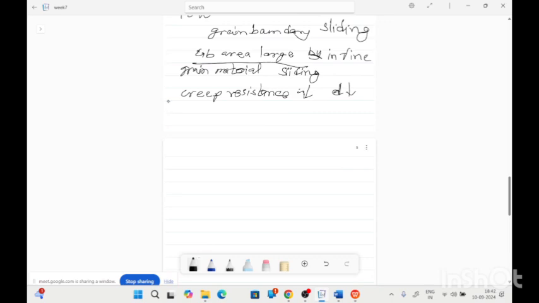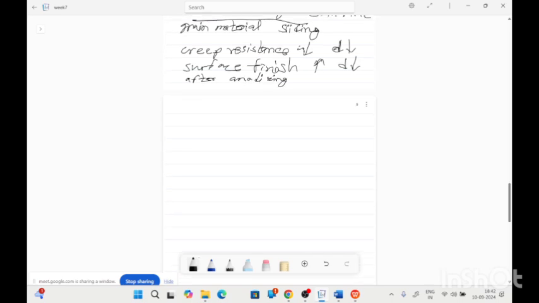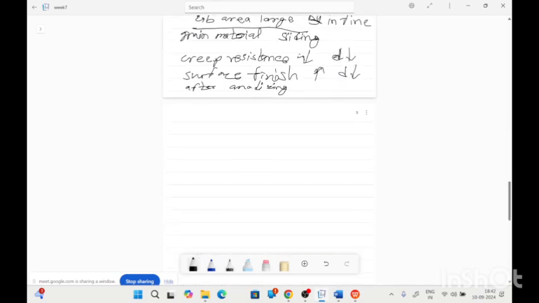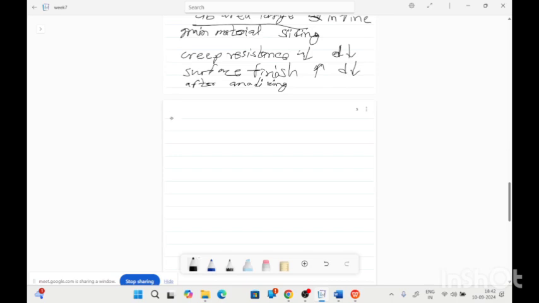The grain refinement also improves the surface finish after anodizing. So these were the three mechanisms of grain refinement. The next is the grain refinement methods, meaning how grains can be refined.